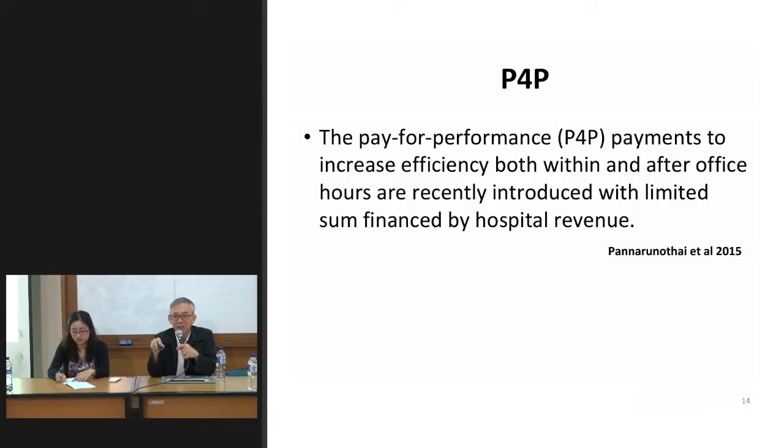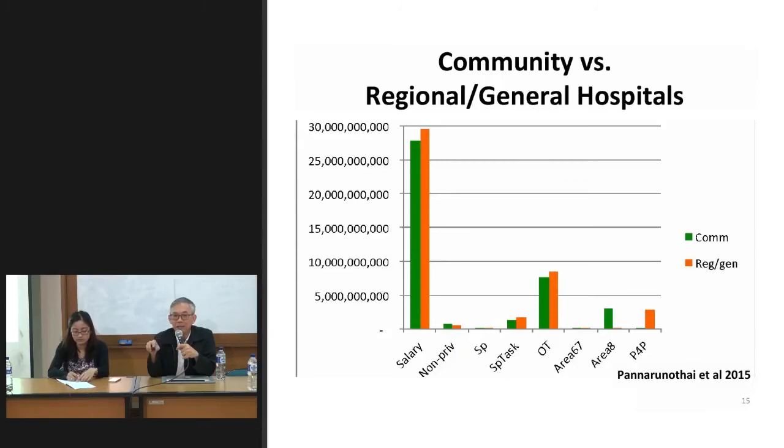And once we compare the expenditure, this is another chart comparing the salary part and the additional payment part. The green bar is the situation in community hospitals, and the orange bar is from the provincial hospitals.